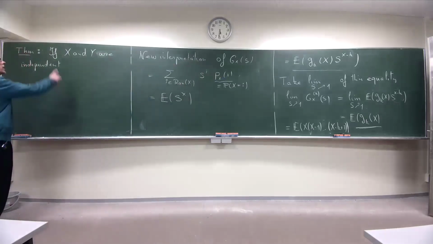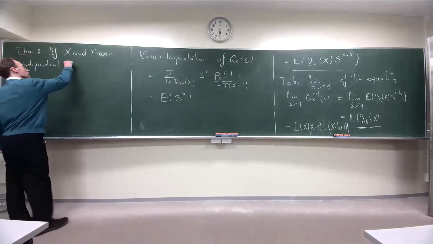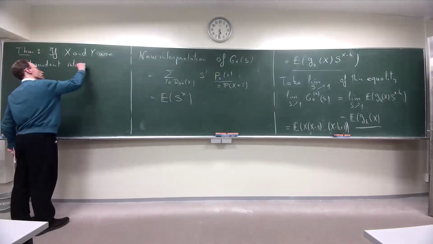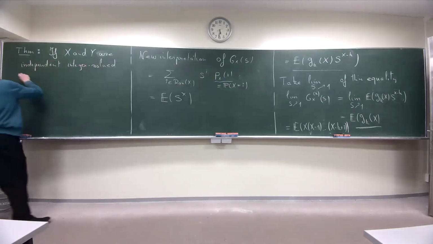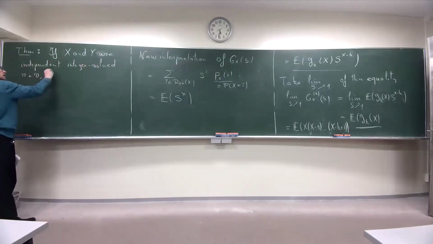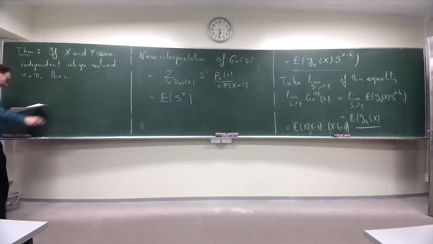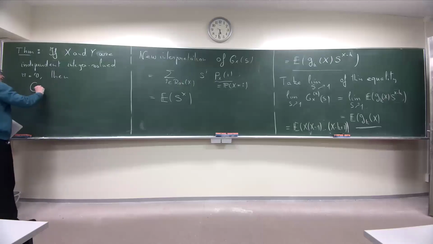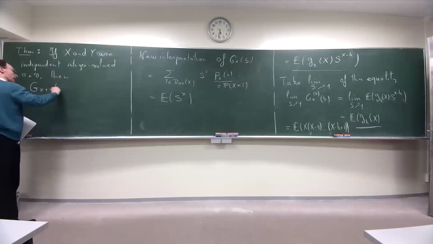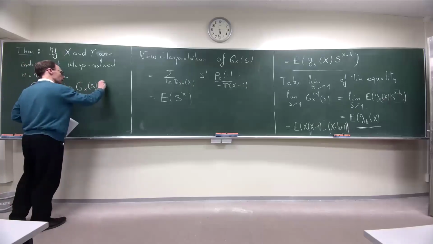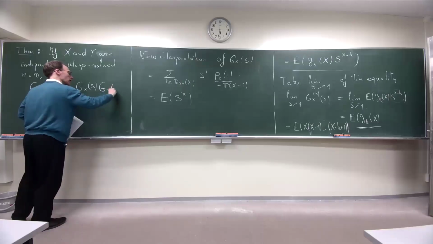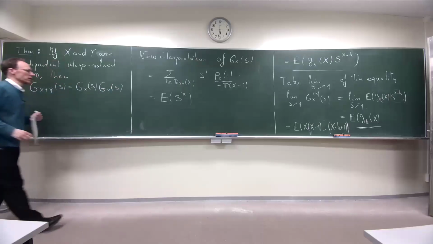So if x and y are independent integer valued random variables, then the statement is that this function g of x plus y evaluated at s is nothing but the product of these 2 probability generating functions.